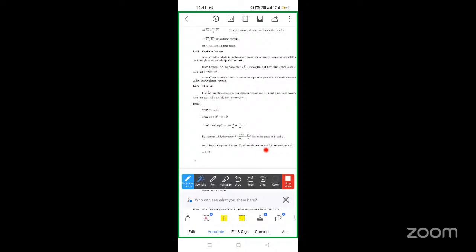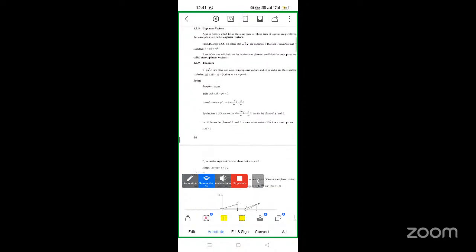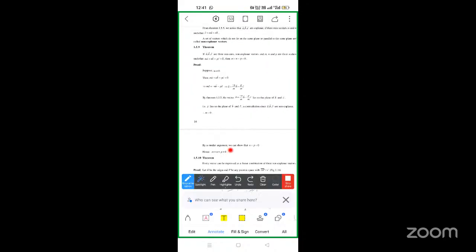It is a contradiction, since a, b, c are non-coplanar. So, which is a contradiction to our assumption, therefore m must be equal to 0. By similar arguments, we can also show that n is equal to p is equal to 0. Hence m is equal to n is equal to p is equal to 0.